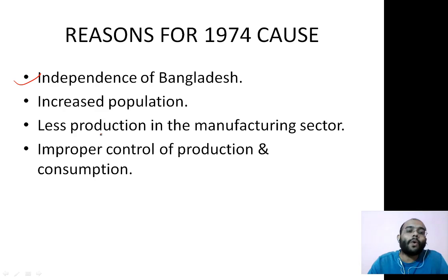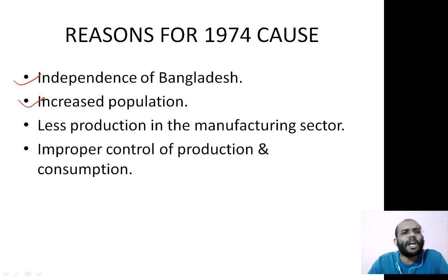India had to go into war with Pakistan to give Bangladesh its independence, and heavy losses were incurred. Supply was diverted towards the army, and hence a supply crunch happened in the general market.